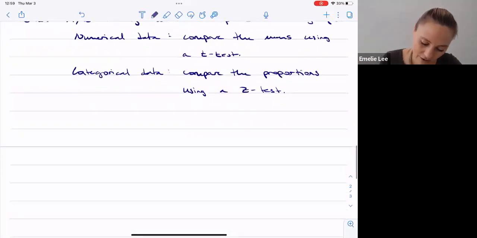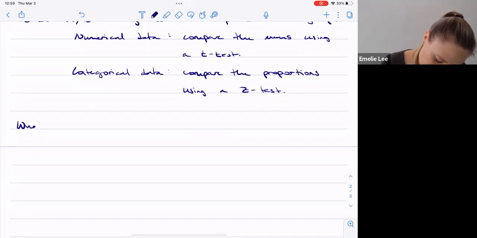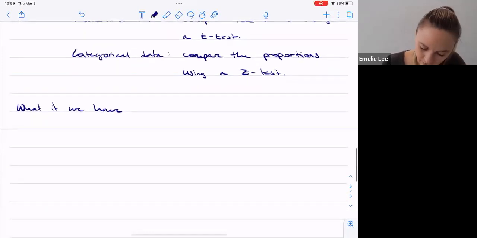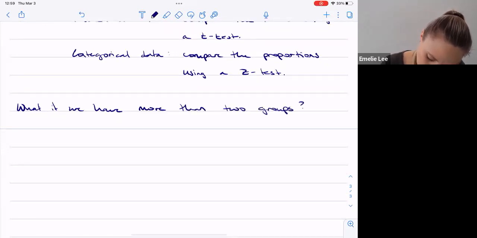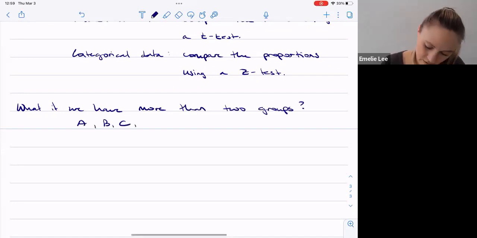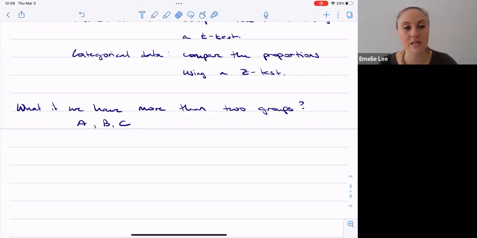So what if we have more than 2 groups, like A, B, C? Let's just focus on A, B, C for now.